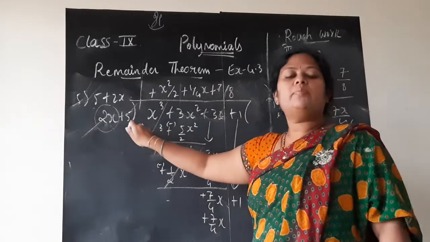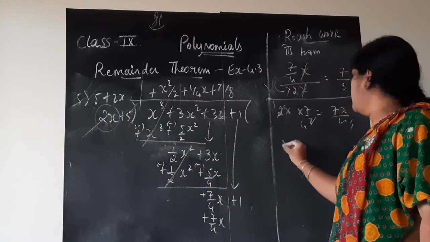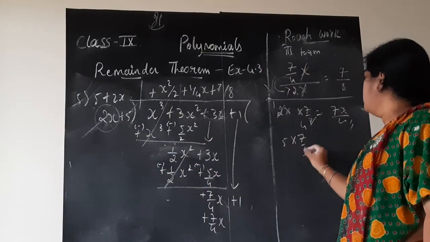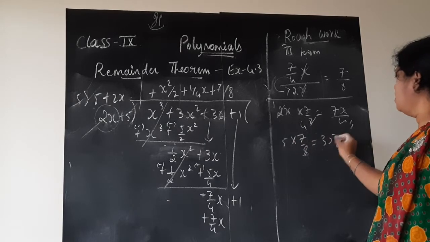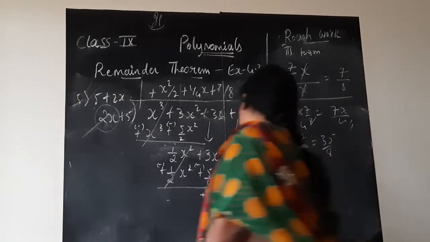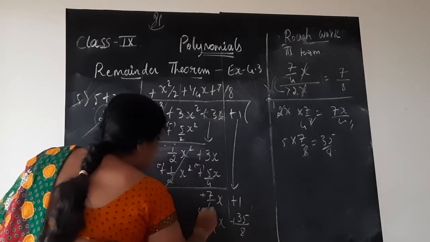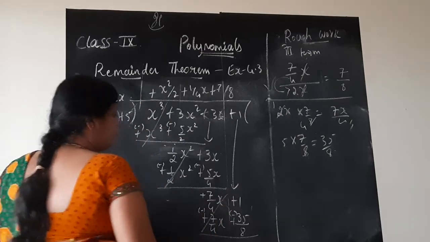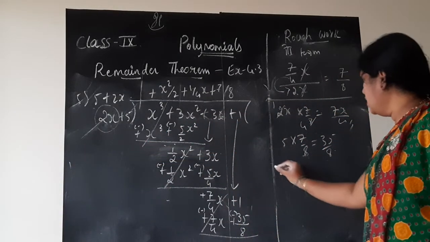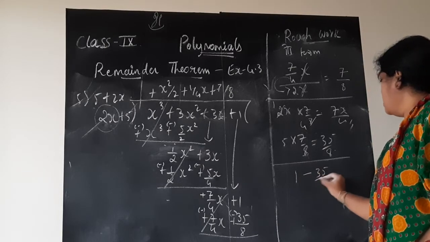Still I am left with multiplication with the second term of the binomial, that is 5. 5 into 7 by 8 has to be done. If I do 5 into 7 by 8, no term will get cancelled here. So 7 5s are 35 divided by 8. So I got plus 35 divided by 8. Plus and minus 7 by 4x, 7 by 4x cancelled. But what is left for us here? Plus 1 is there, minus 35 by 8.